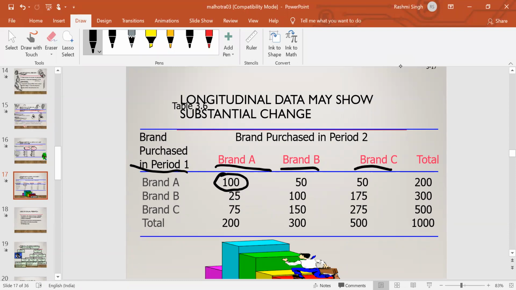Total number of purchases for brand A in time period 1 is 200.